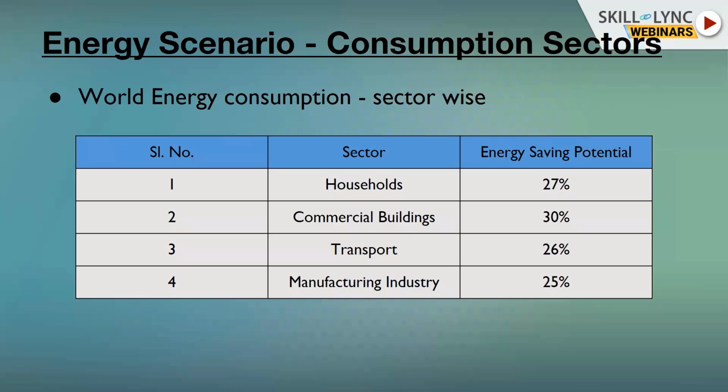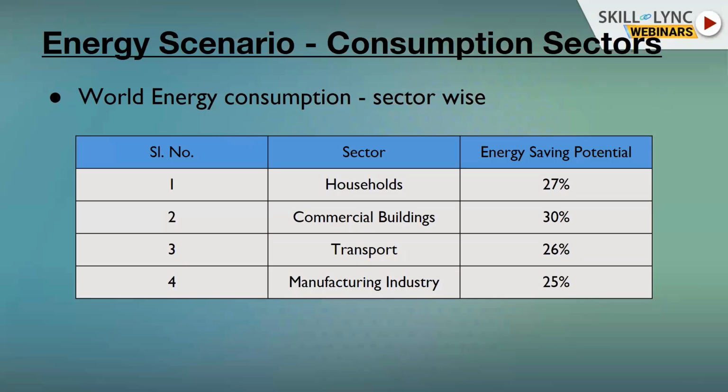Using generating stations, we produce electricity, and through transmission as well as distribution, the electricity produced in the generating station reaches us as consumers or customers, and we utilize that electrical energy for all our day-to-day purposes.